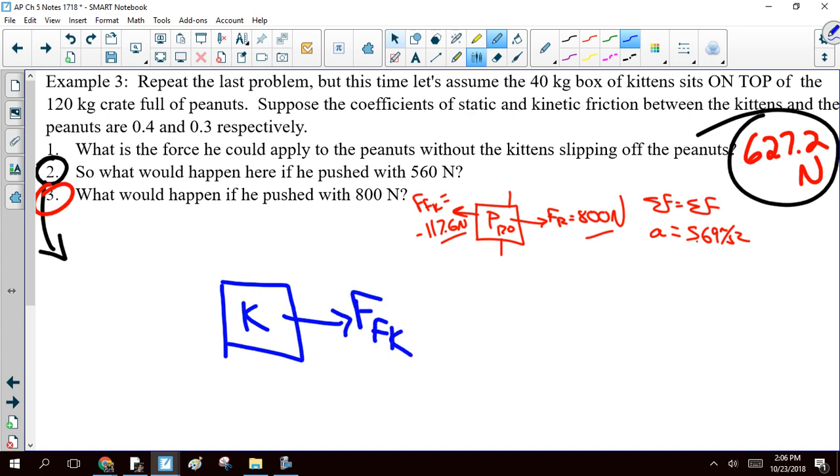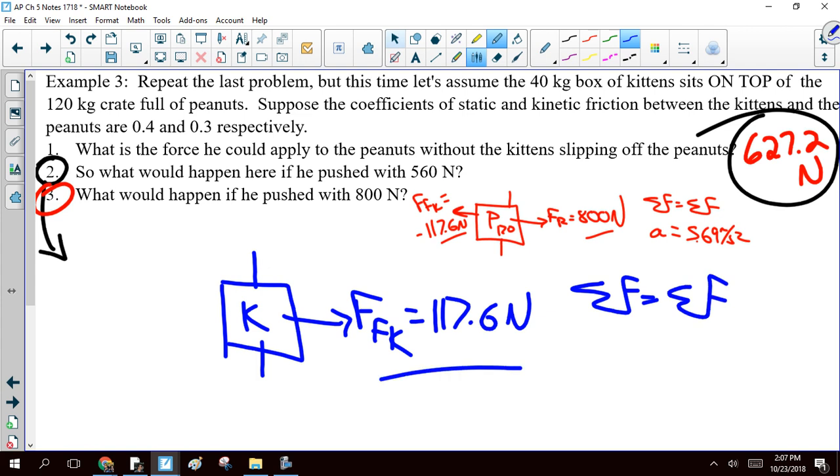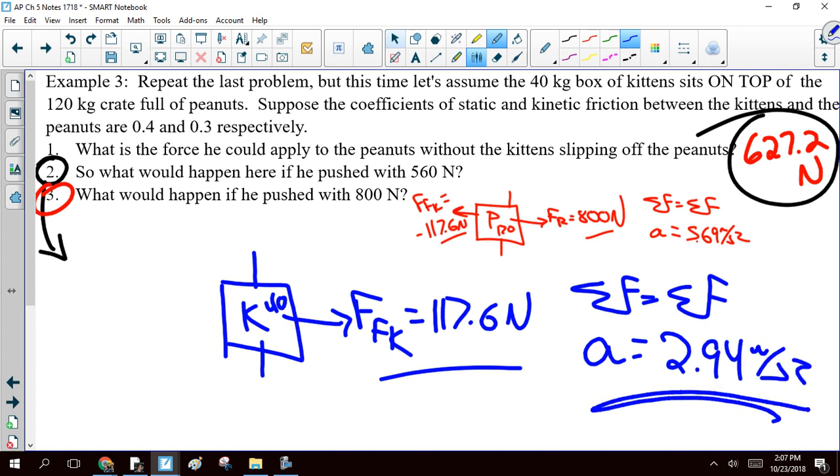Okay, so there's kinetic friction between the peanuts and the kittens, and again, it's 117.6 newtons, right? And you got your gravity and your normal force, but there's nothing pushing the kittens backwards. It's just that there's not enough pushing them forwards. So now, if we do net force equals net force, our net force is just the kinetic friction. Our mass is 40 kilograms. So if you find your acceleration, 117.6 divided by 40, you only get 2.94 meters per second squared. In other words, the acceleration the kittens experience is less than the acceleration of the peanuts, and so there's the problem, and that's why the kittens are going to fall off the peanuts.